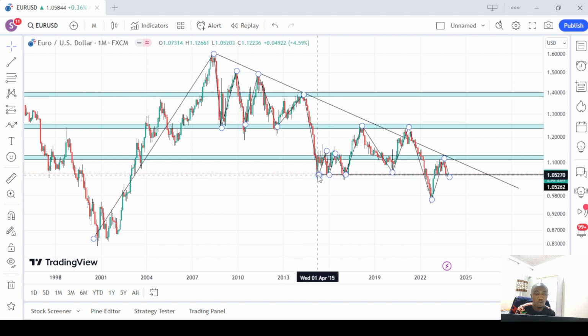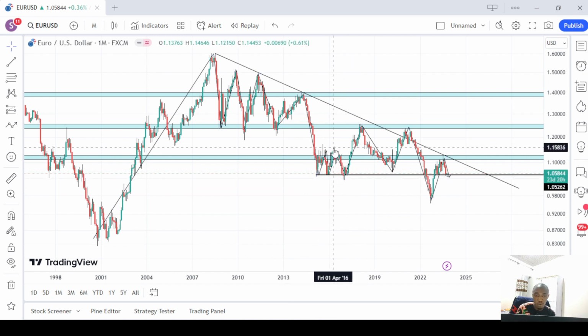Then it gave a lower low. This is the first lower low than this. A lower low, lower high, lower low, lower high, lower lows, being three equal lows.